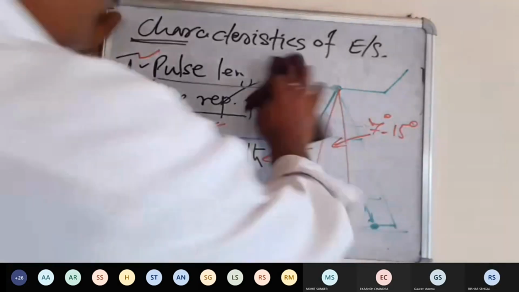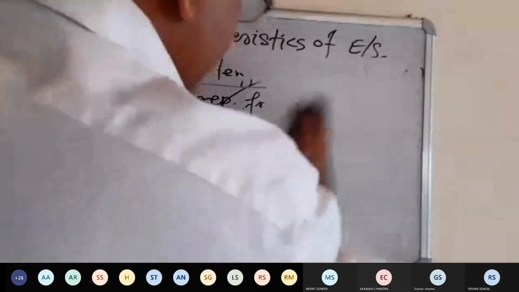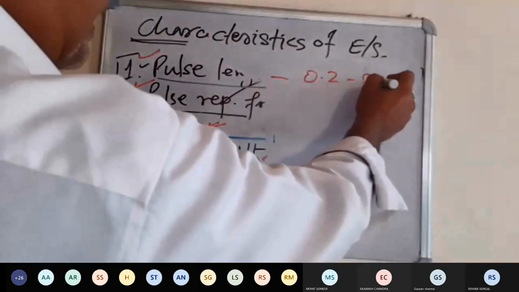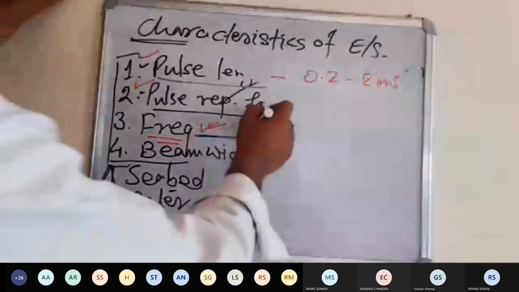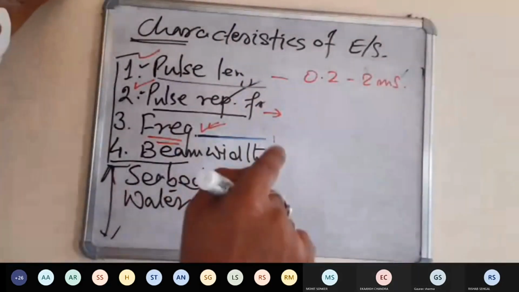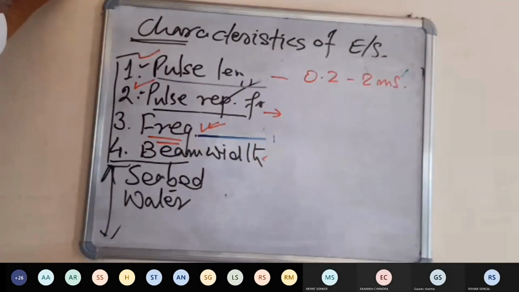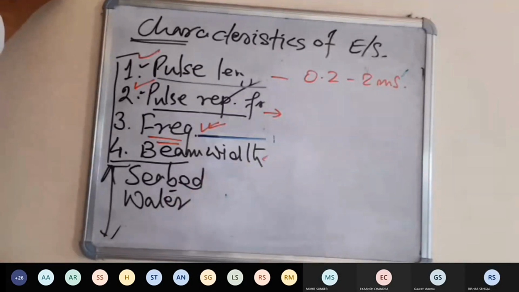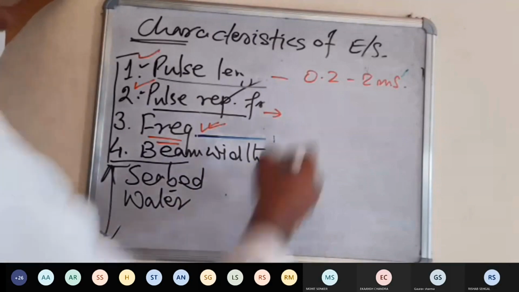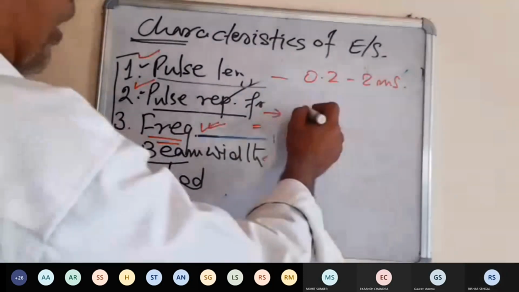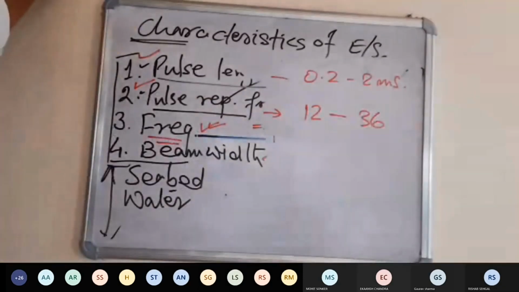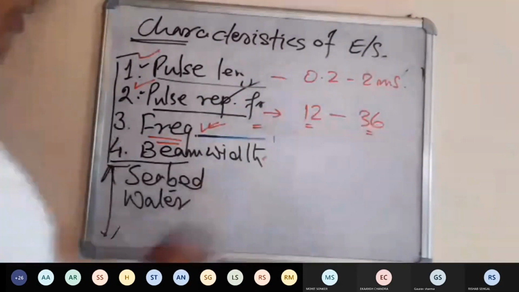So in totality, what we have seen is that the pulse length ranges from 0.2 to 2 milliseconds. PRF, हमने देख लिया कि when we want to read shorter depth, PRF may be high. When we want to read deeper water, the PRF will be less. So in the case of a marine echo sounder, it changes between 12 and 36. 12 for deep waters, 36 for shallow water.